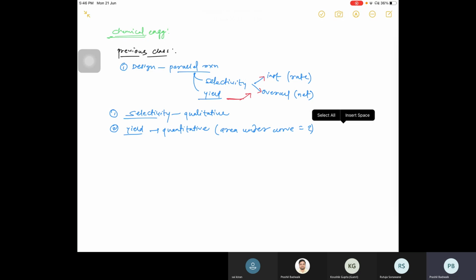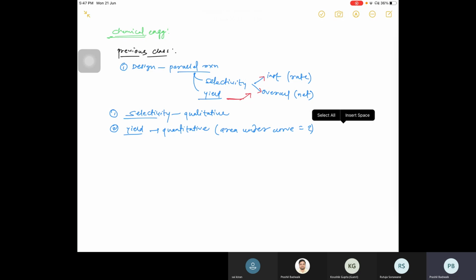But in case of quantitative, that is called yield, we are asked to find out what your concentration is at a particular time, or in order to have high yield of a particular product, what your condition should be, and they were directly asking for that value. So it was quantitative and we need to find the area under the curve.